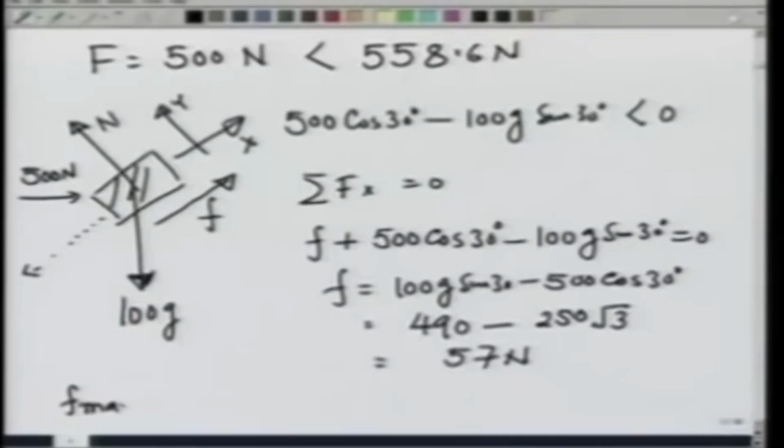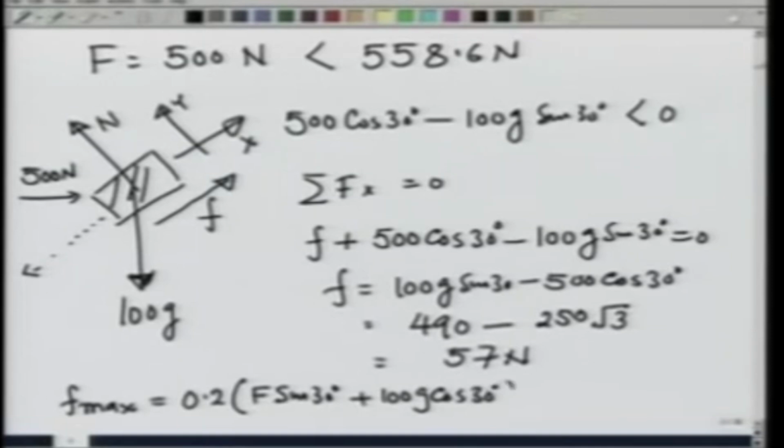Let us see what is the maximum possible frictional force that I can have. So, F max in this case is again going to be mu s, 0.2, times the normal reaction, and I have been calculating it: F sine 30 degrees plus 100 g cosine of 30 degrees. F in this case is 500 newtons.